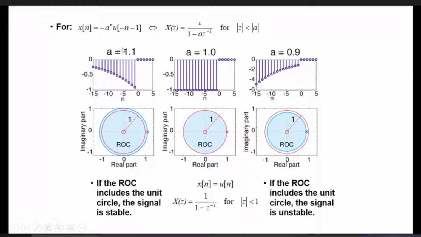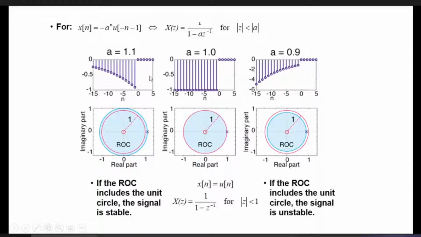So for a causal sequence, see the difference. For a causal sequence, if the value of A is more than 1, then it becomes unstable. But for an anti-causal sequence, if the value of A is 1.1 or more than 1, then it is a stable system.